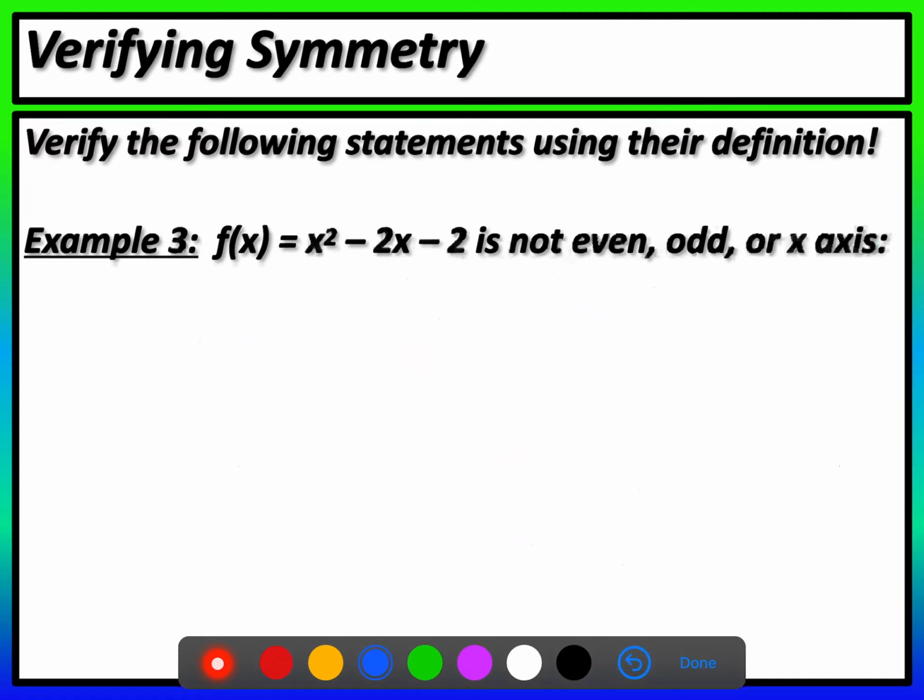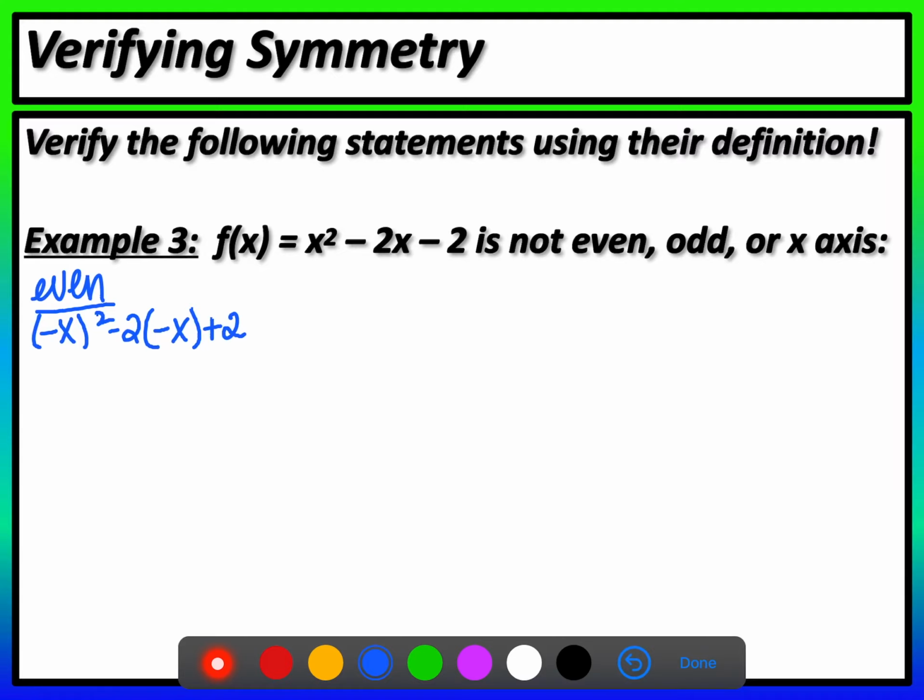Okay, so now I want to prove that this is not even, not odd, and not x-axis, which means I have to go through all 3 rules here. For even, we just changed the x. So negative x squared minus.